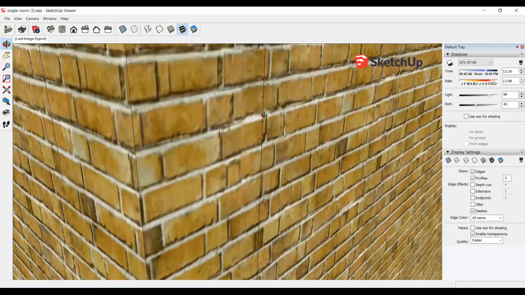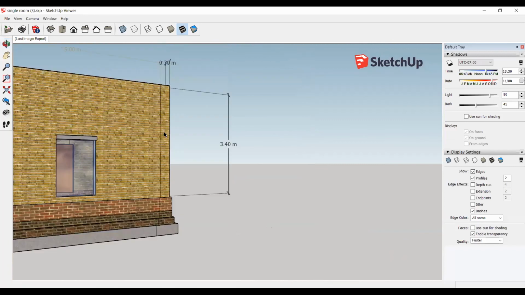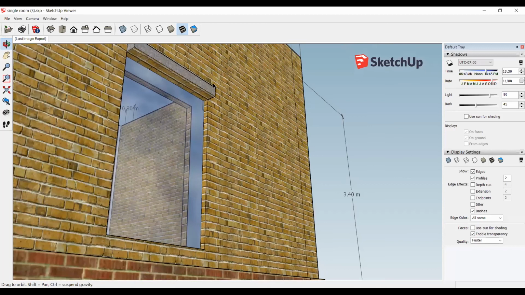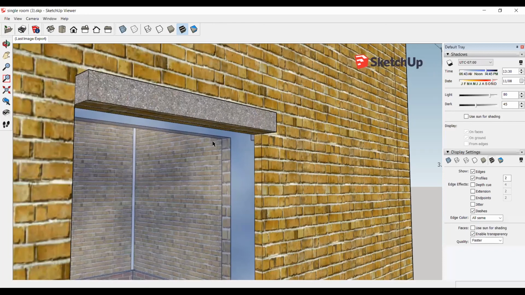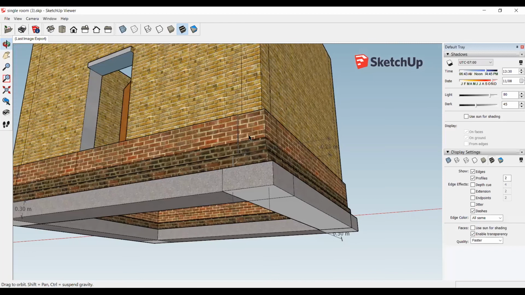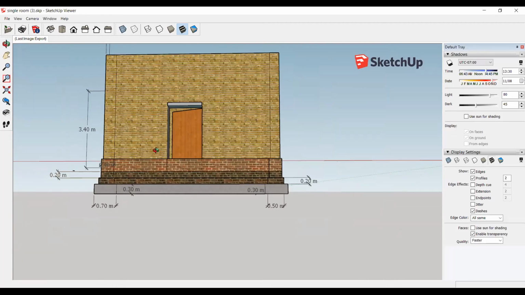And along with this, we have a window, of size say 1 meter by 1.5 meters, and we have a lintel again here. So we have already calculated the entire brickwork in superstructure, but we haven't deducted the door, the window, and the lintels part, so we need to deduct that. How we are going to do that, we will see now.